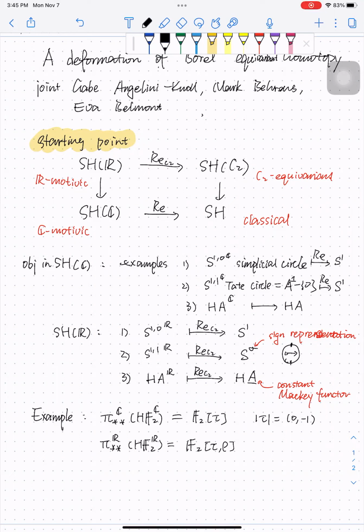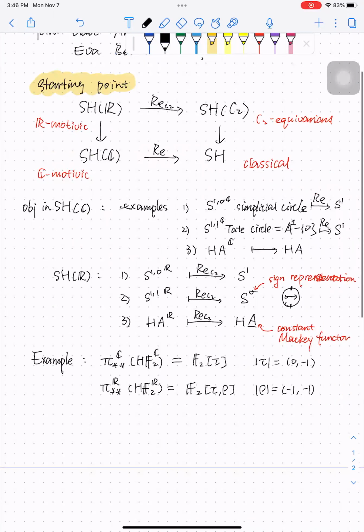So the formula is that the R-motivic coefficient ring for the Eilenberg-MacLane spectrum associated to F2 is a polynomial algebra with two generators, tau and rho. And tau here is also in degree 0, -1, and rho here is in degree -1, -1.